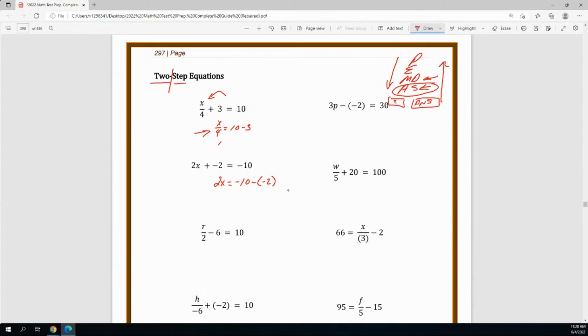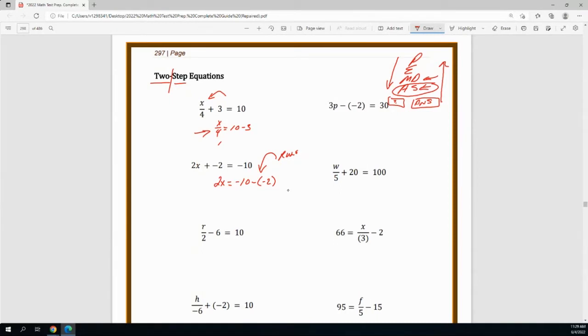Now that I've done my algebra, look at this. Do you see the integers here? Do you see how you're subtracting a negative? Well, that's an integer rule, right? And that rule says that if you're subtracting a negative, that means to give back. So that's really negative 10 plus 2.